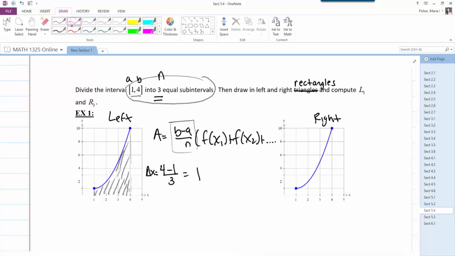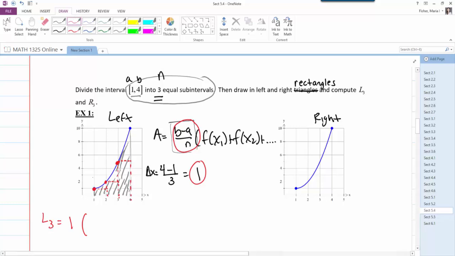So then my area with my left endpoints, L sub 3 here, is going to equal, again, b minus a over n, which is 1, times, well, now I have to figure out the y value of all my left endpoints. So I have this rectangle, and this rectangle.